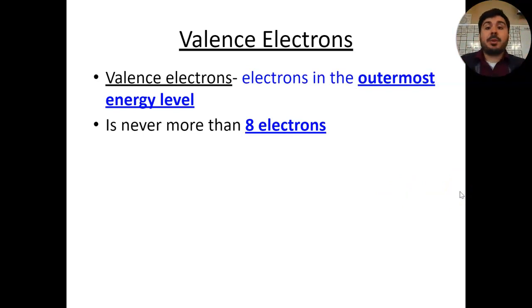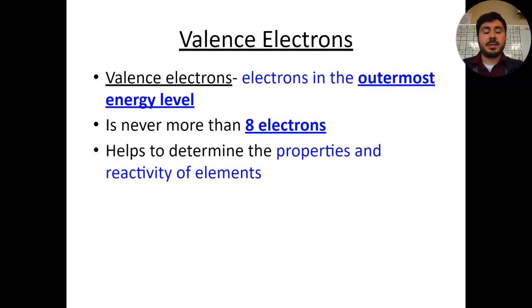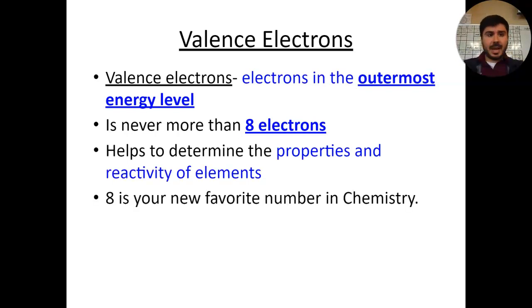Valence electrons, it's never going to be more than 8, guys. That's one thing you have to really truly understand here. In each of these principal energy levels, whenever we're talking about valence electrons, there is never going to be more than 8 valence electrons.